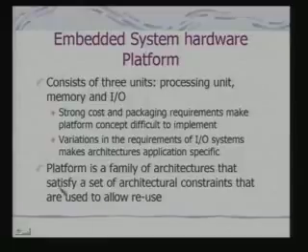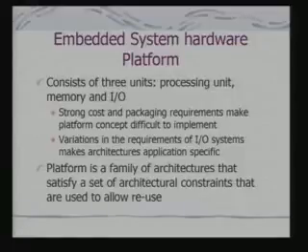In fact, a platform is a family of architectures that satisfy a set of architectural constraints that is used to allow reuse. So you won't like to have a very general purpose platform. You cannot have that, because these are the two factors which make it not possible for us to design platforms which are absolutely general purpose. So in many cases they will be application specific.